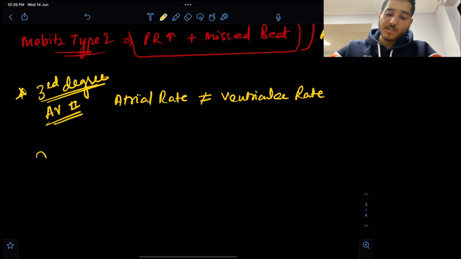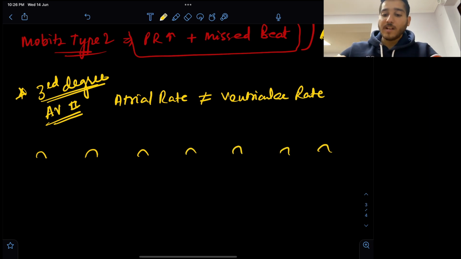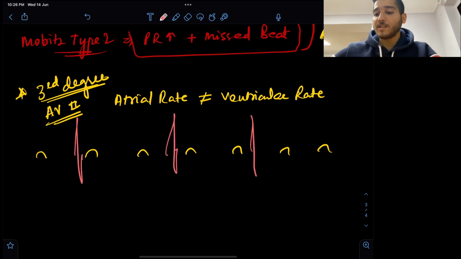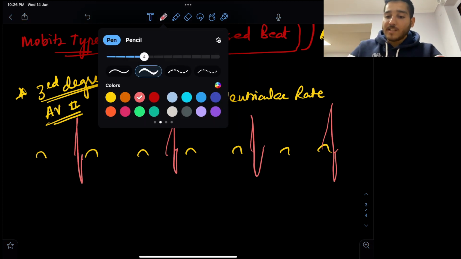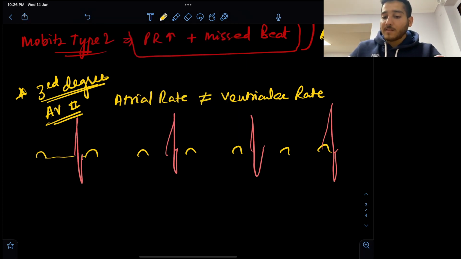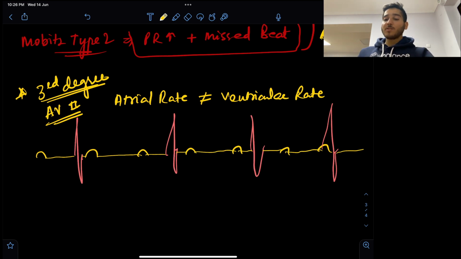I'll show you the ECG. Let's say there's a P wave, atrial contraction, atrial contraction, atrial contraction, and they are not related to the QRS wave. So QRS might come here, and it might come here, then here, here. The ECG will look like this. So there's no relation left.